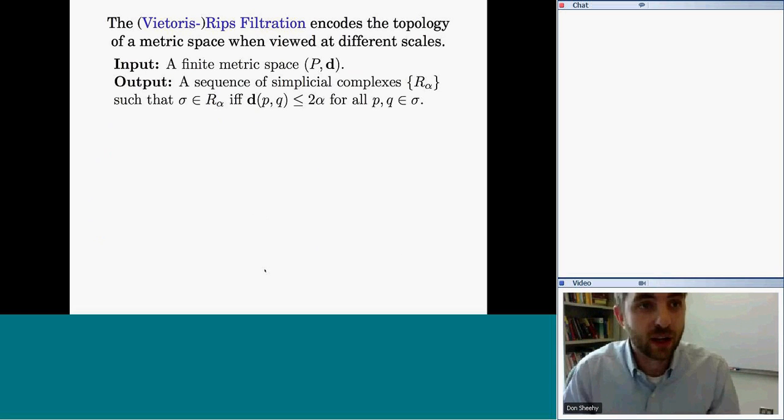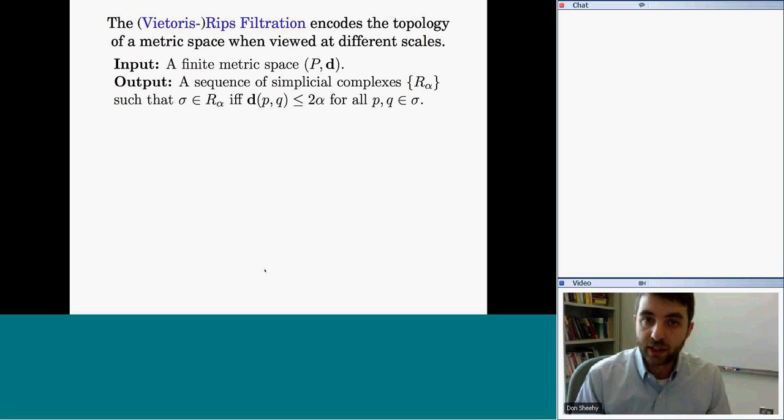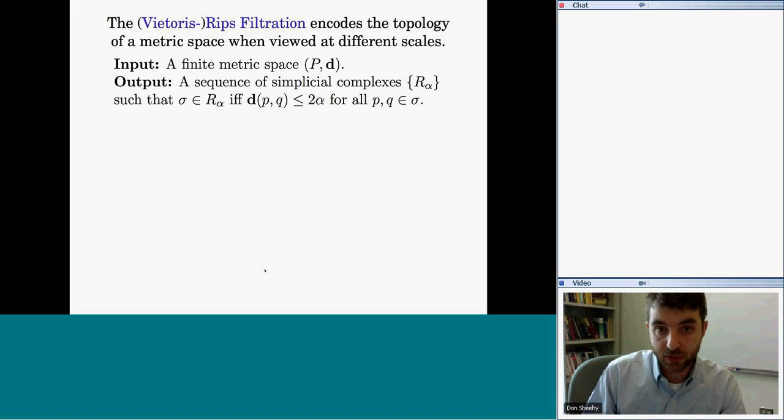So, just a reminder, I'm sure many of you are familiar with Rips complexes. Sometimes they're called Vietoris-Rips complexes. They're used on subsets of a metric space, but they're defined if you're just given a finite metric space, so a set of points with distances, and for any particular scale alpha, you can compute a complex, the subsets where the distance is less than or equal to, say, 2 alpha.